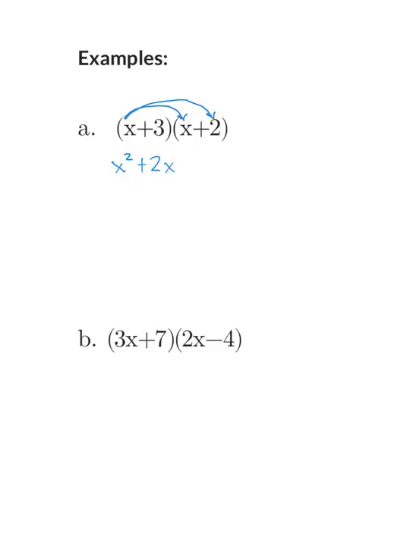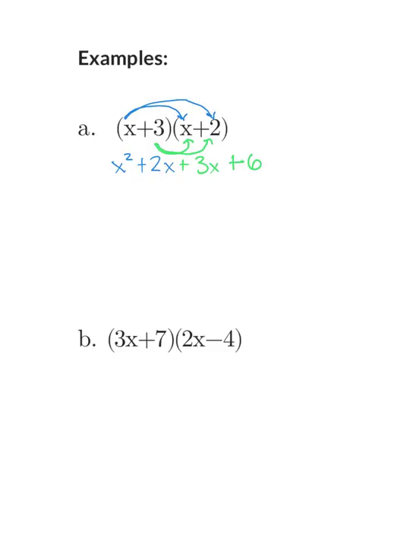Now we want to multiply the insides, which means that we want to multiply the inside things. So we get 3 times x is 3x. And lasts refers to the last term in each set of parentheses. We get plus 6, 3 times 2.